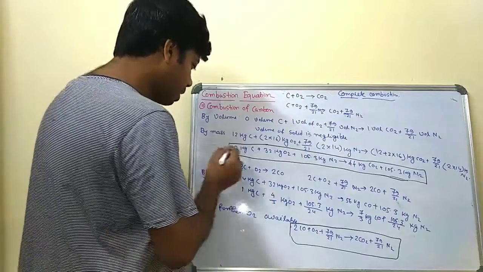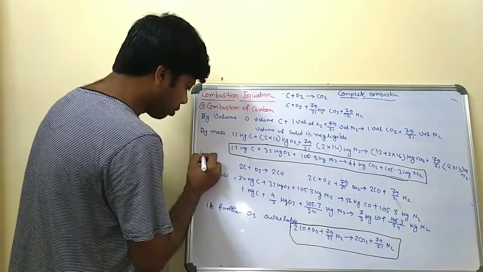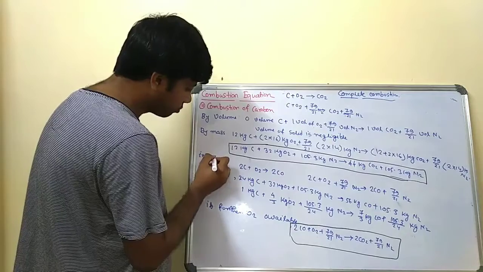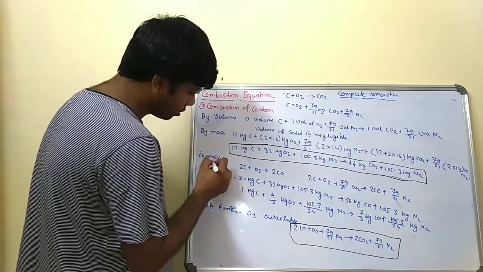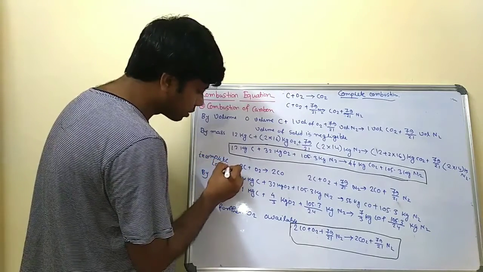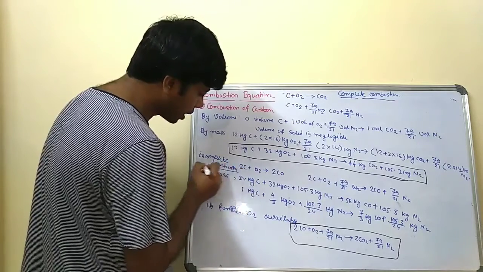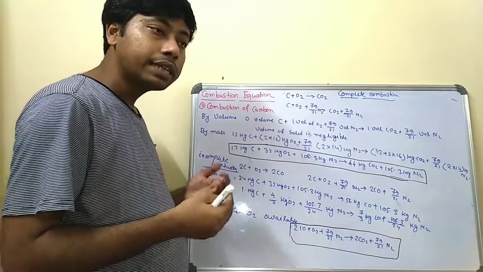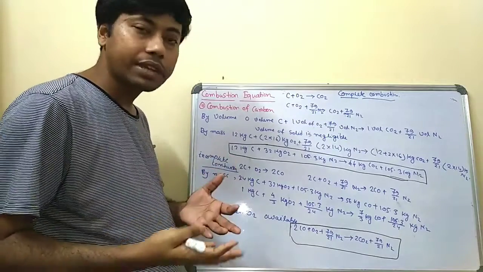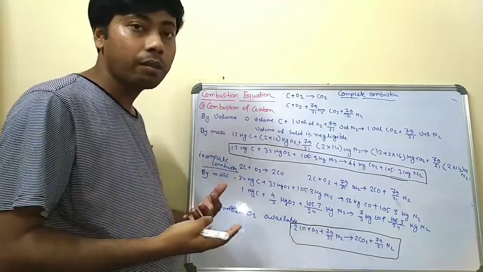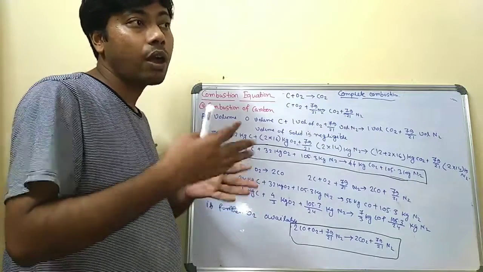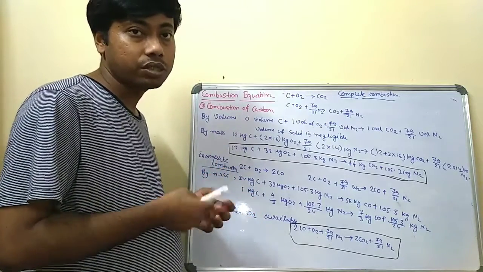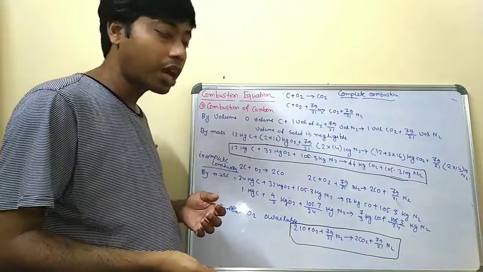Now here it is for incomplete combustion. When incomplete combustion takes place, first the carbon reacts with the oxygen to form carbon monoxide. Then that carbon monoxide reacts with any excess available oxygen to form carbon dioxide.